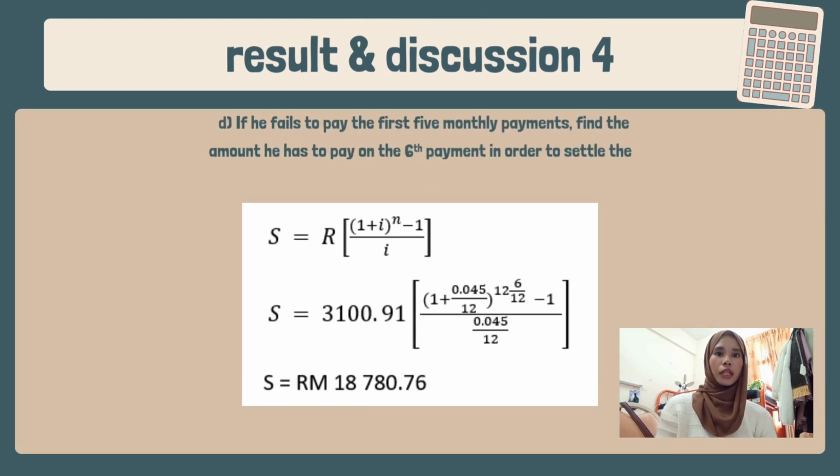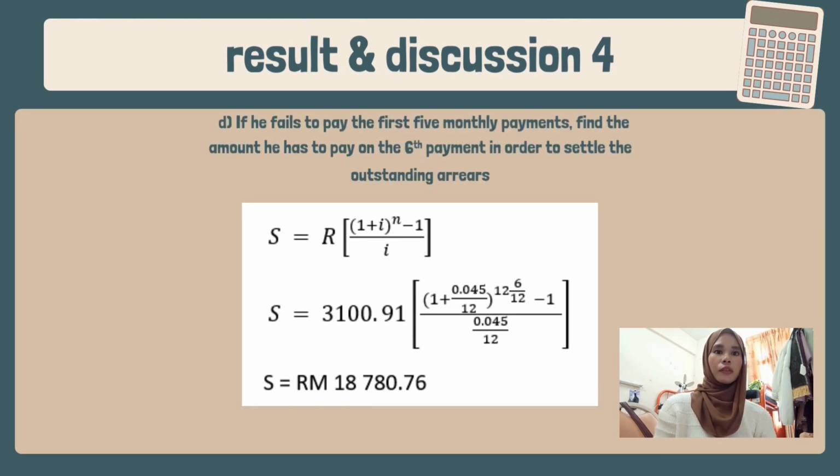The last question for this problem is D. If he failed to pay the first 5 monthly payments, find the amount he has to pay on the 6th payment in order to settle the outstanding arrears. For question D, we need to use the future value formula. The future value formula is S equals R open square bracket 1 plus small letter i close bracket power of n minus 1 per small letter i close bracket. We need to find S, the future value.